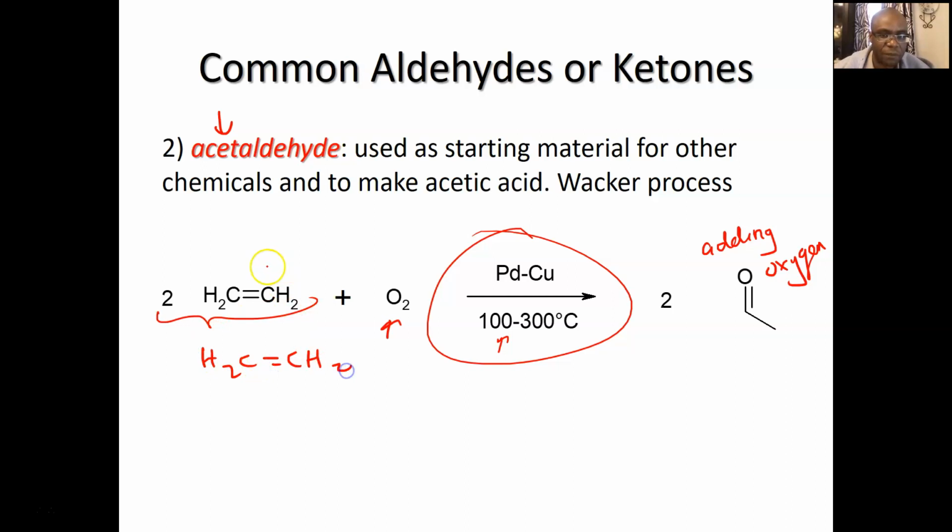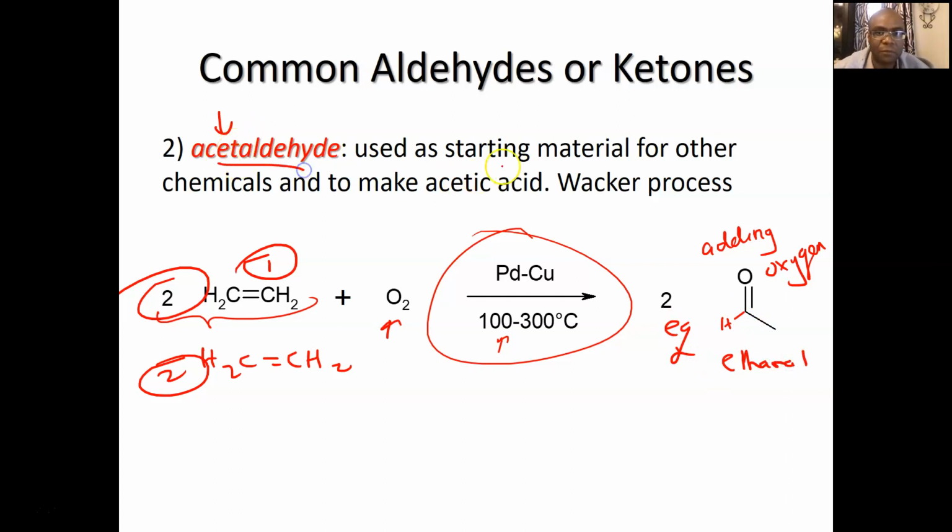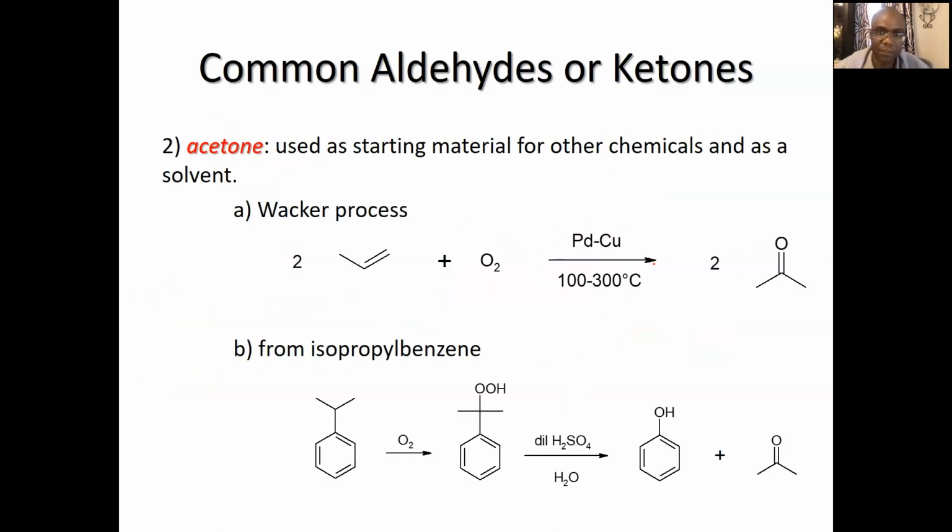That's what these 2's mean, 2 equivalents. You get 2 equivalents of ethanal, otherwise called acetaldehyde, which is used as a starting material for chemicals and to make acetic acid. So it's made by what we call the Wacker process.